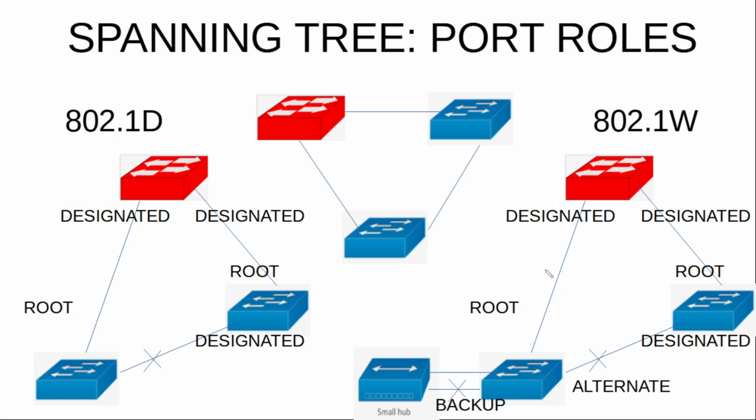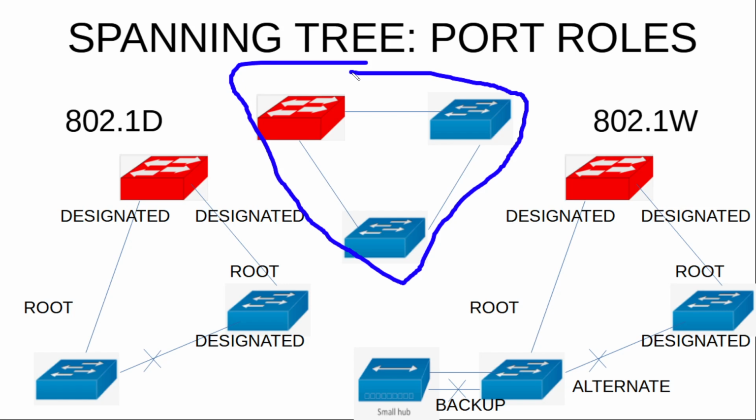Now, what the spanning tree protocol actually does is take your physical topology and calculate a logical topology in the form of a tree, where the root bridge is placed at the top of the tree.